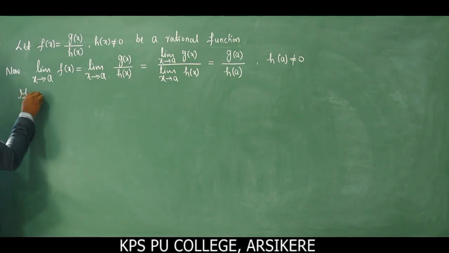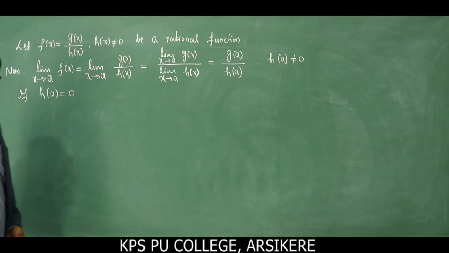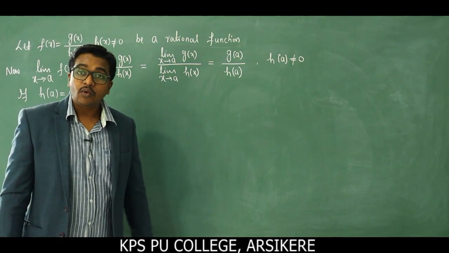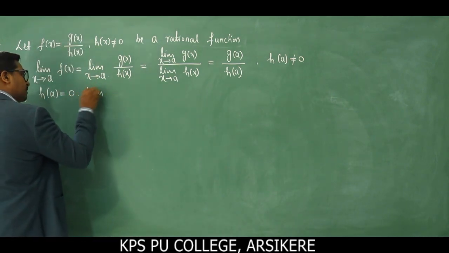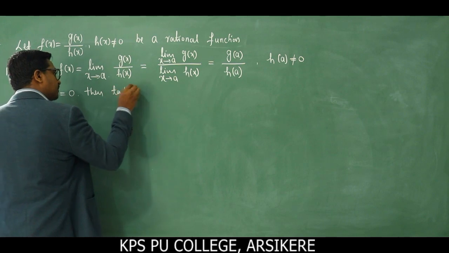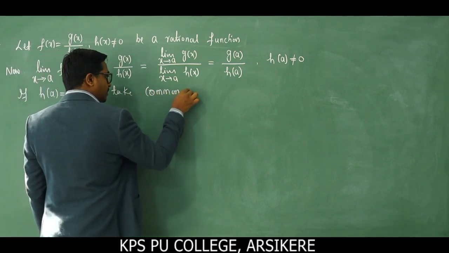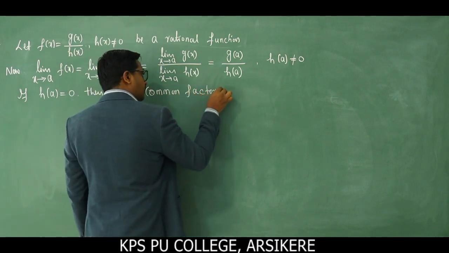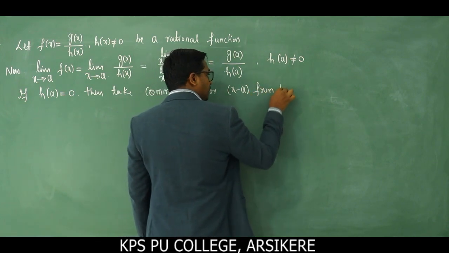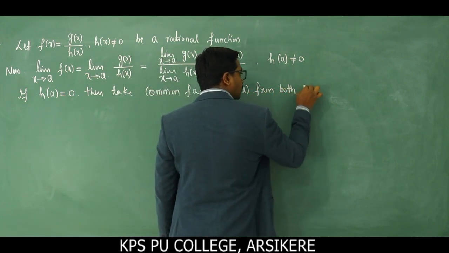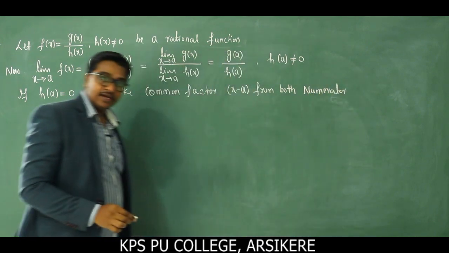If h of a is equal to 0, when you replace x by a in the denominator the value becomes 0, then take common factors x minus a from both numerator and denominator.